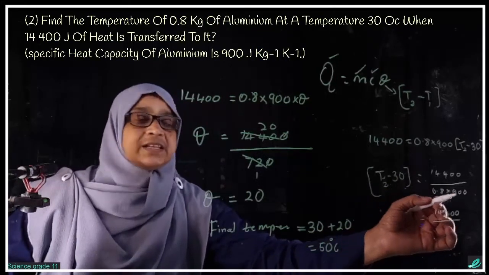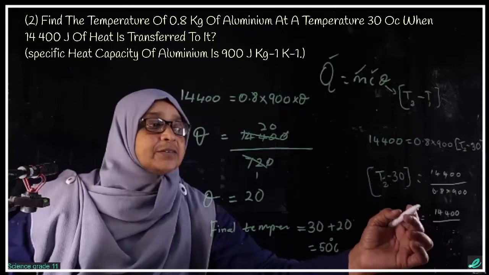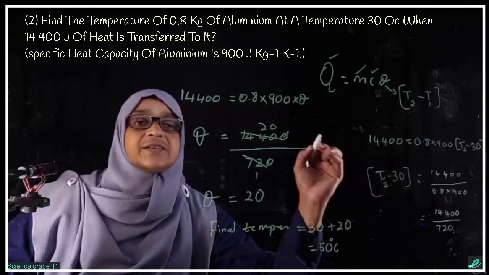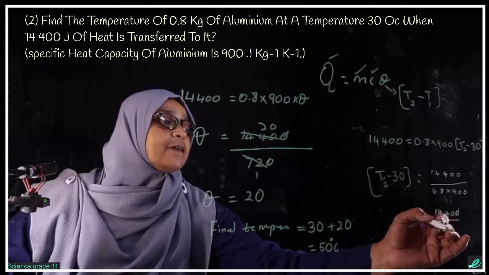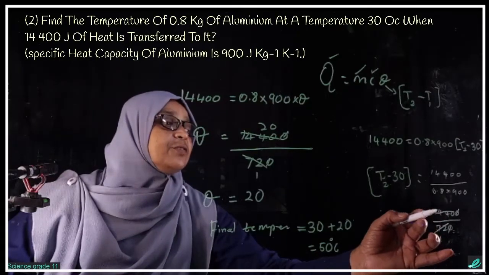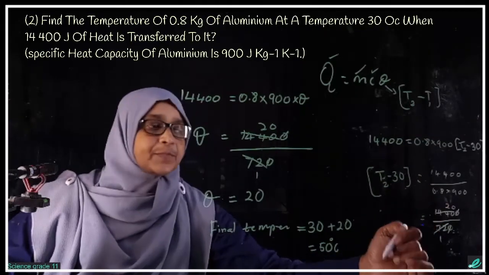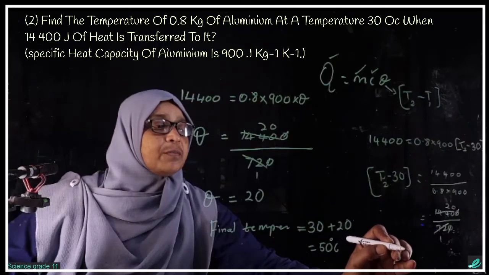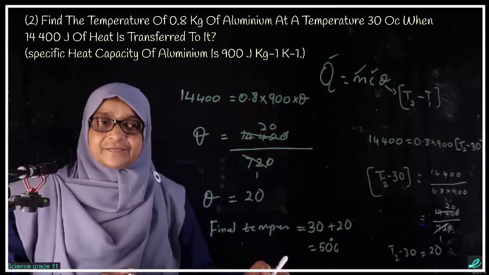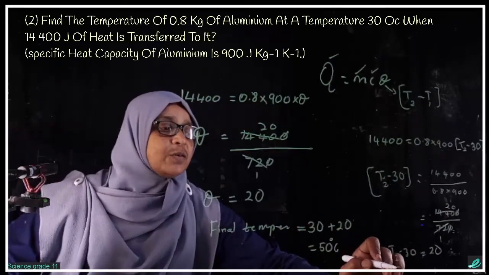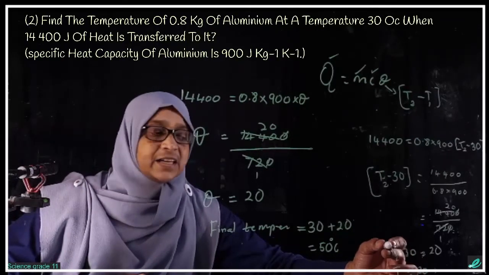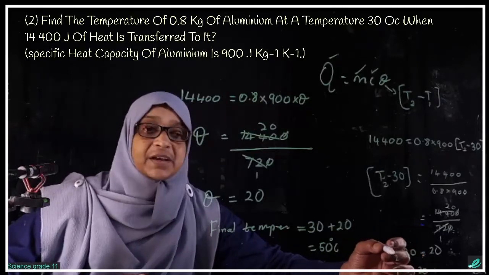The product of 0.3 into 900 is 1. Now, T2 minus 30: the 30 goes to this side and it will become plus.